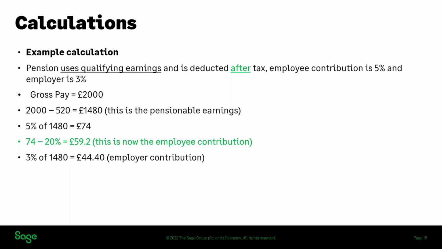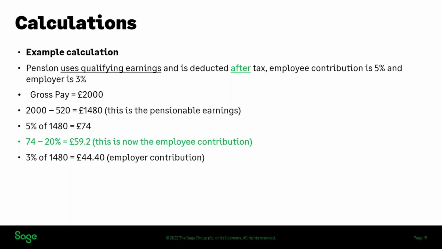So because the amount is 5%, it looks, all the time when it looks like this, like it comes out as 4%. So we do get a lot of questions: why is my employee only paying 4% when I've got it set as 5%? The answer is because it's deducted after tax. So you're reducing that 5% by a further 20%. So the 20% of 5 is 1, which leaves you with the 4.